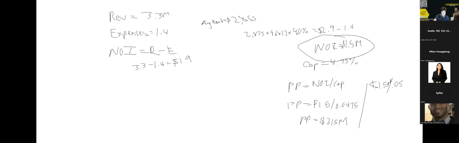Since it's a percentage, you have to convert it to a decimal. Basically just move the decimal over 2 spots. So you do 1.5 million divided by 0.0475, and you get roughly 31.578147 million. But we round down to 31.5. Does that make sense?